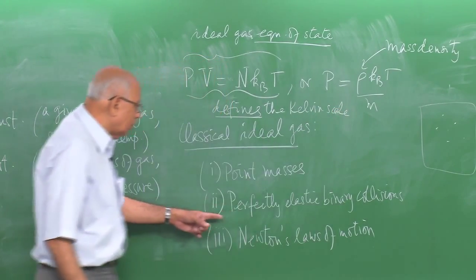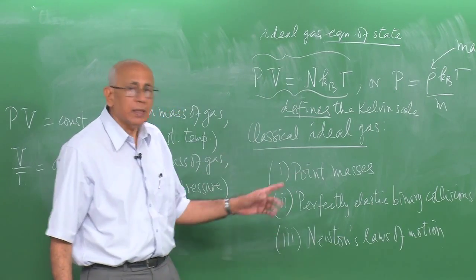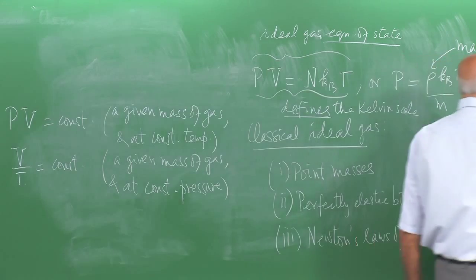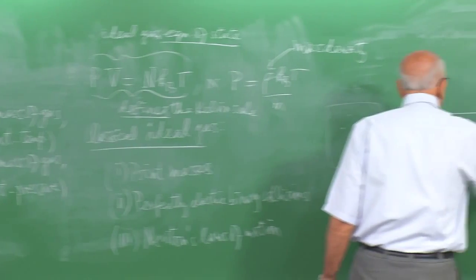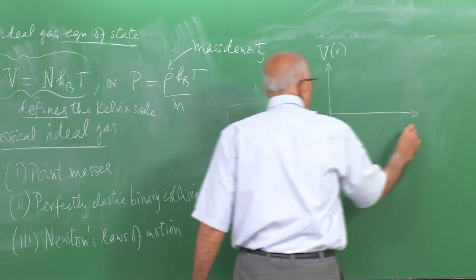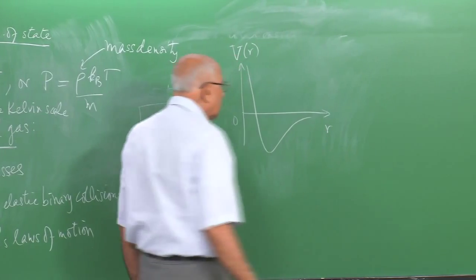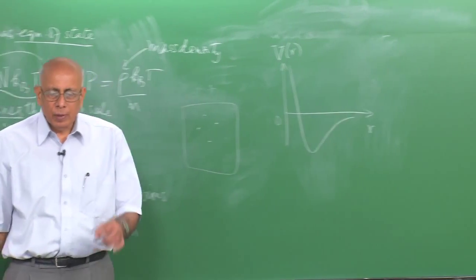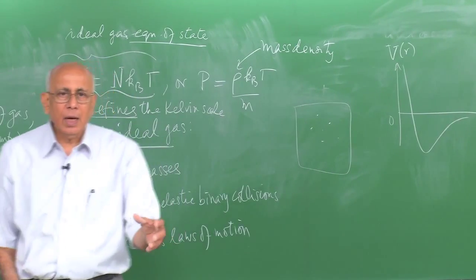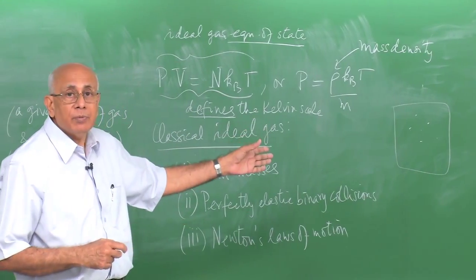Now, what does this assumption actually mean, that you have only elastic binary collisions and no other interaction? Well, what it means is, if you go back to what we had talked about earlier, namely the intermolecular potential for neutral molecules, is generally of this form. The potential energy of a molecule which is at a distance little r away from another molecule which is at the origin is given by a shape of this kind.